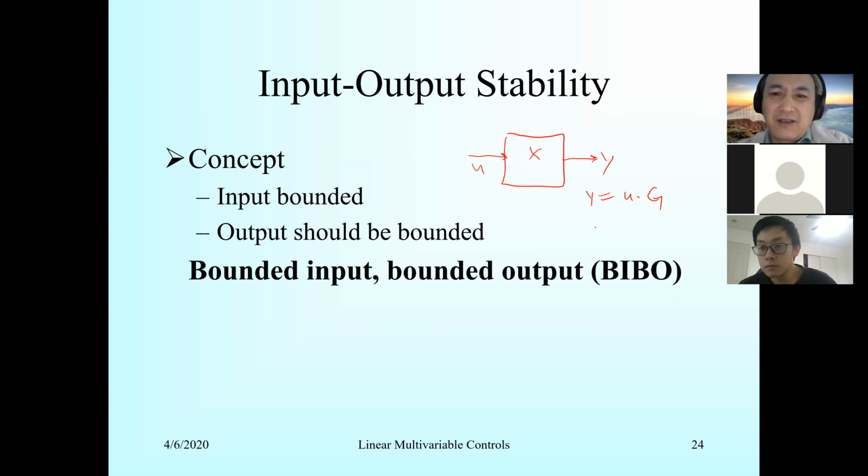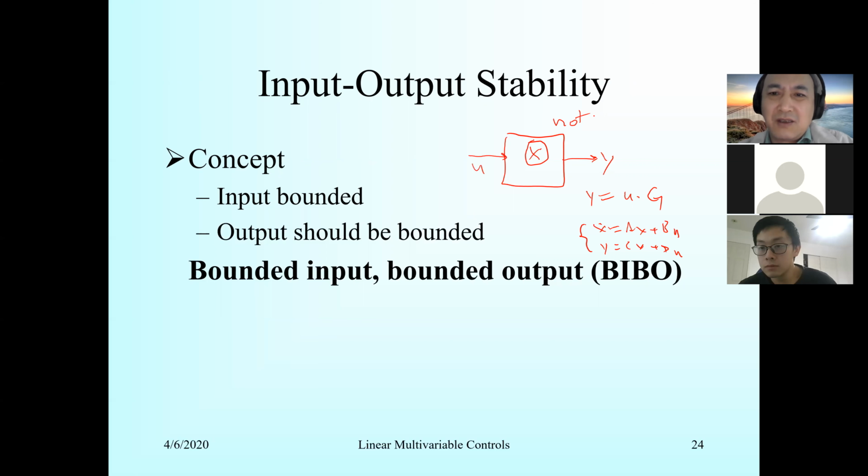But from X, you have X dot is AX plus BU, Y is CX plus DU. That's a realization, okay?